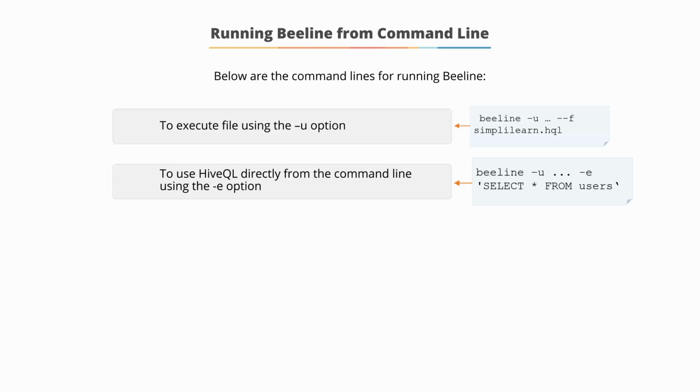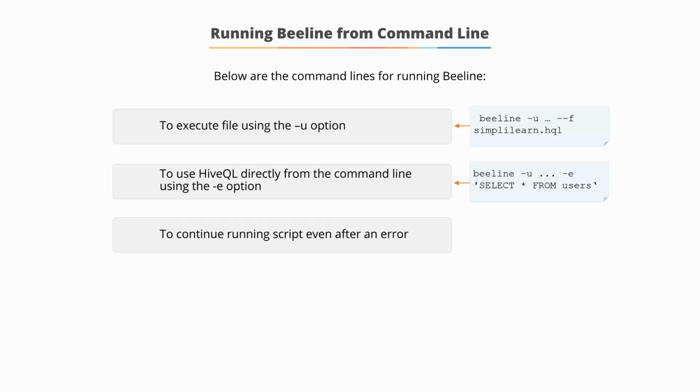Here, select * from users is the actual SQL query being executed. You can also use the command line shown to continue running the script even after an error: beeline -u connection string --force=true.